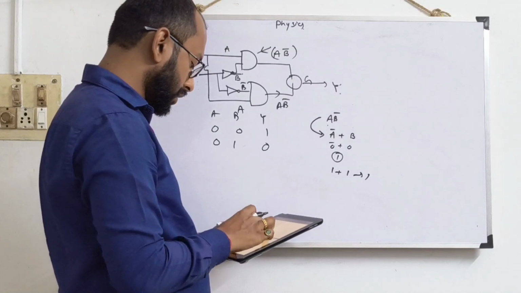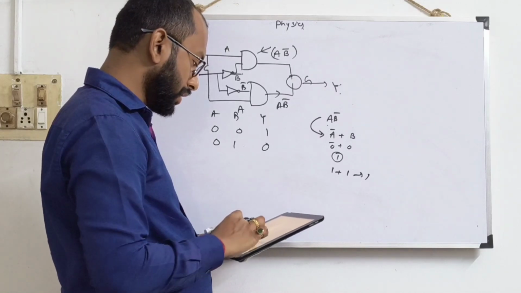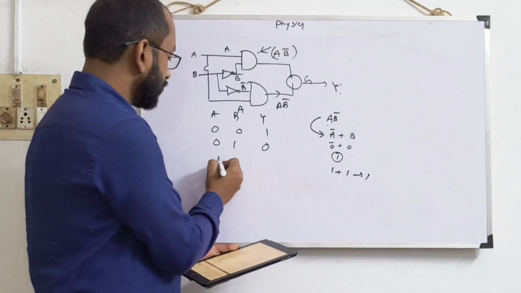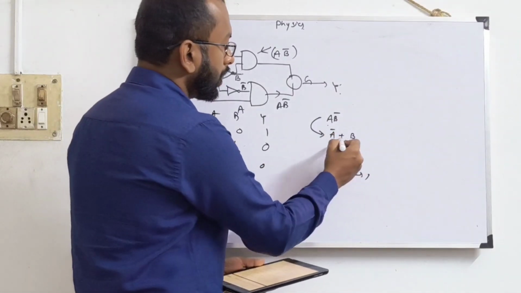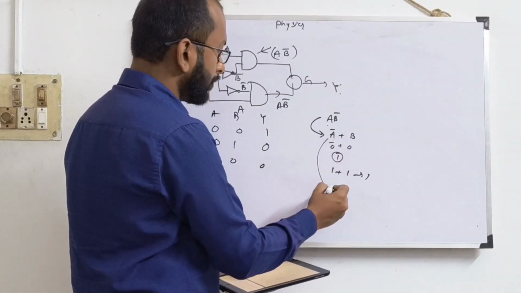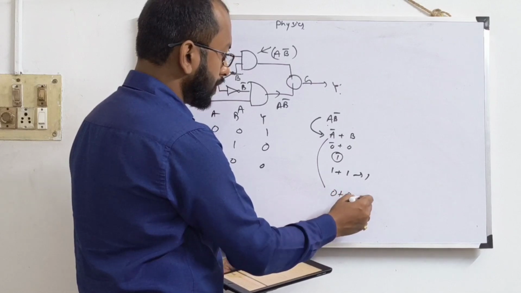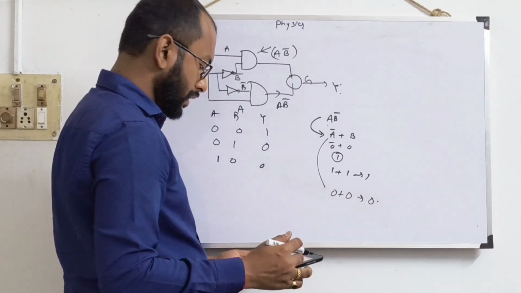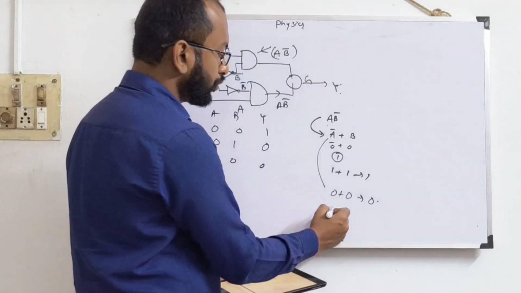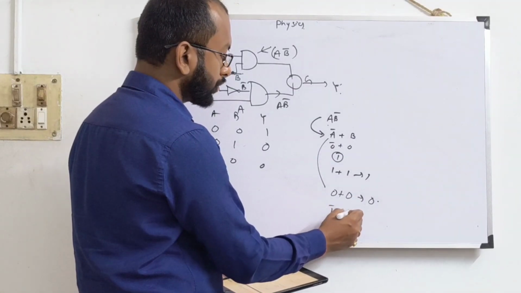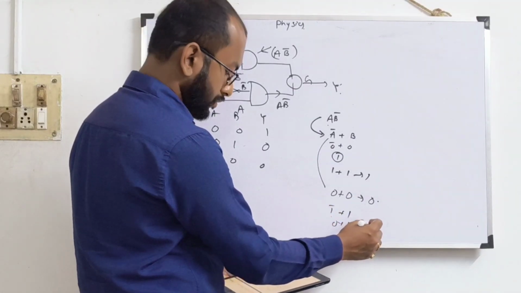Then the third one, we can also check, that is 1, 0, 0, 1, 0, 0. So it is coming, 1 bar is 0 plus 0, that is 0 of course. And the last one is 1, 1, so we'll put 1 bar, that is 0 of course, plus 1, so 0 plus 1 will become 1.